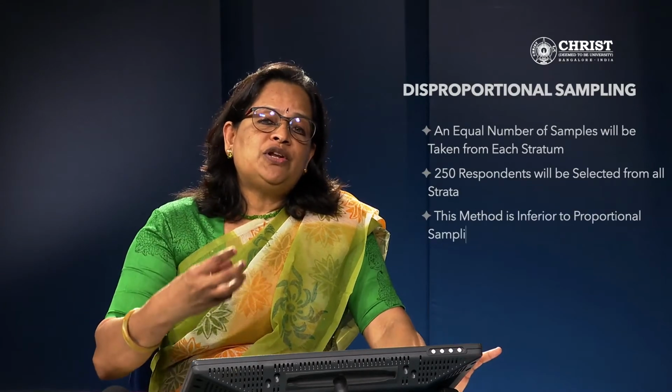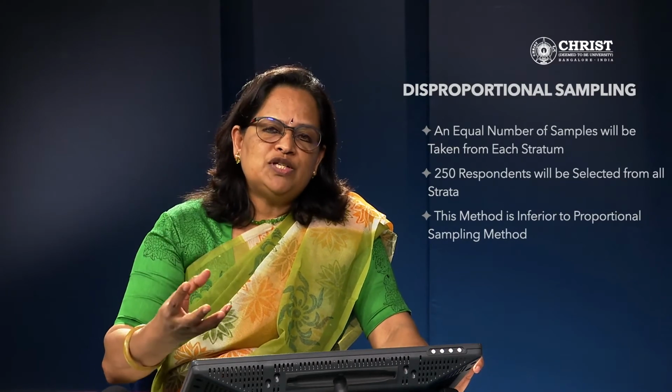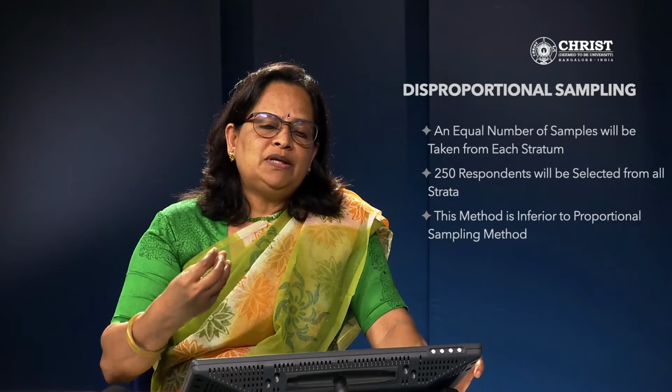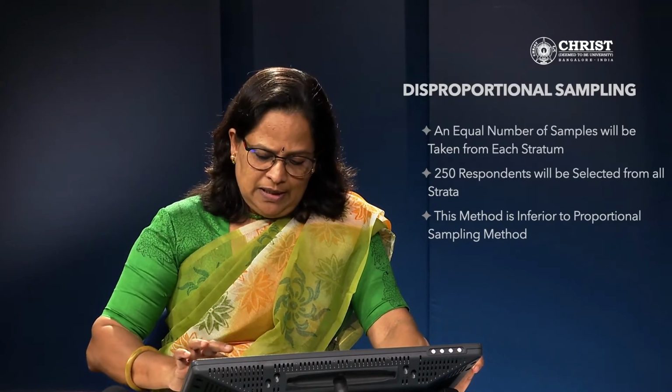But you have to remember that this is not an accepted method. It's inferior to the previous method, proportional sampling. We are giving equal weightage regardless of the population. That is another point you have to remember. Now the merits and demerits: the merit is that this gives a more representative sample.